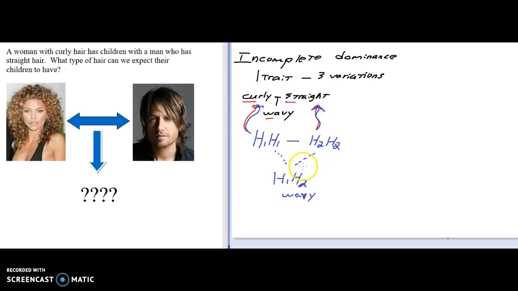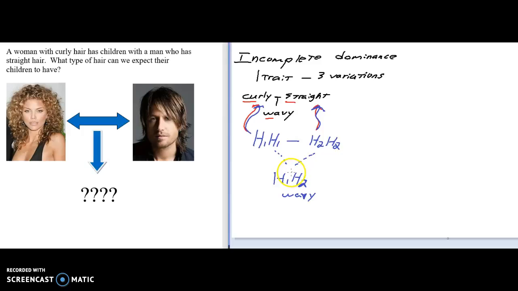Okay, so again, that's what we talk about with incomplete dominance. So when you are reading the genetic problems, and it says you have this particular variation and then this variation, and it gives you a third variation, that should hopefully trigger you guys to say, oh, incomplete dominance.